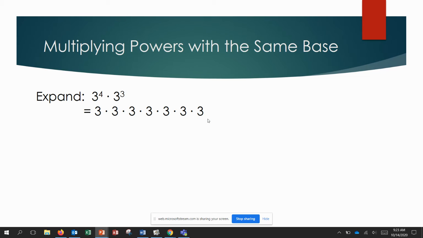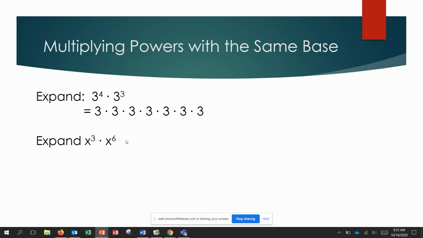Now, how many 3's do we have? Notice 1, 2, 3, 4, 5, 6, 7. What do you notice about the relationship between how many 3's there are and our exponents? Make a note of that.